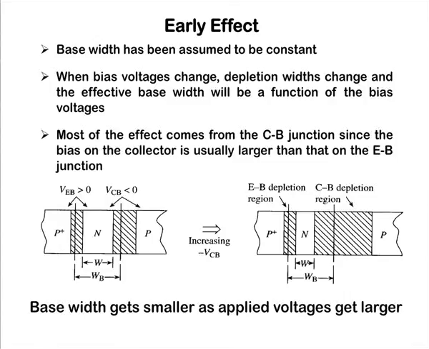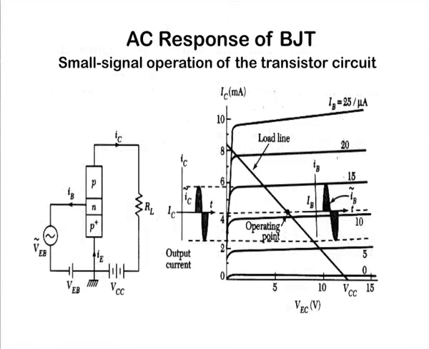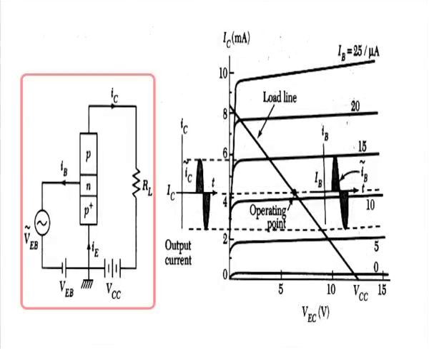So far we have discussed the DC behavior of bipolar junction transistors. Now we will talk about the AC response of the BJT. In the left hand side figure you can see the biasing diagram. Here we have applied a small signal at the input between base and emitter, and we measure the output between emitter and collector. Our output current changes with the input current.